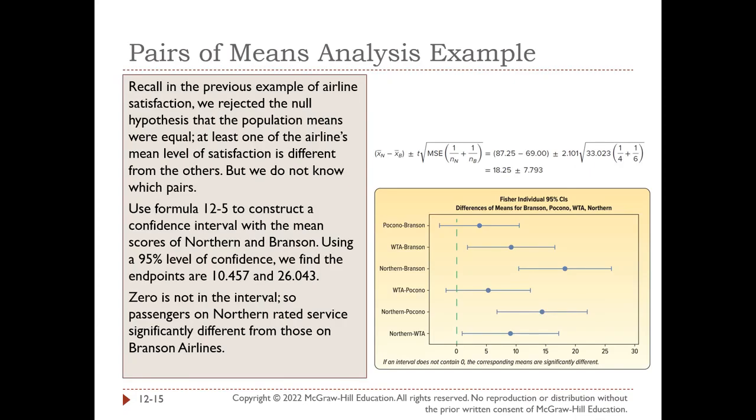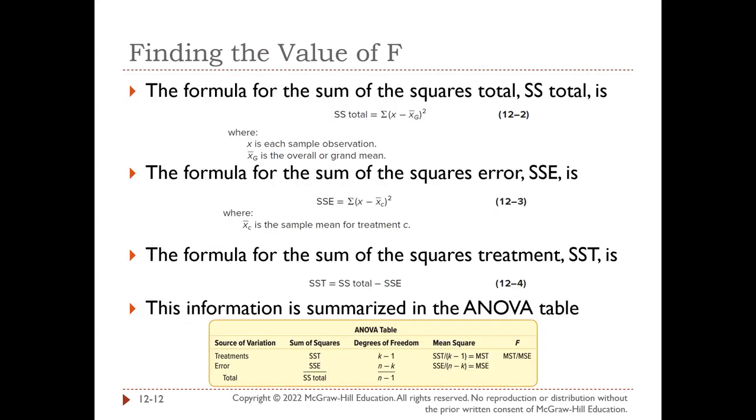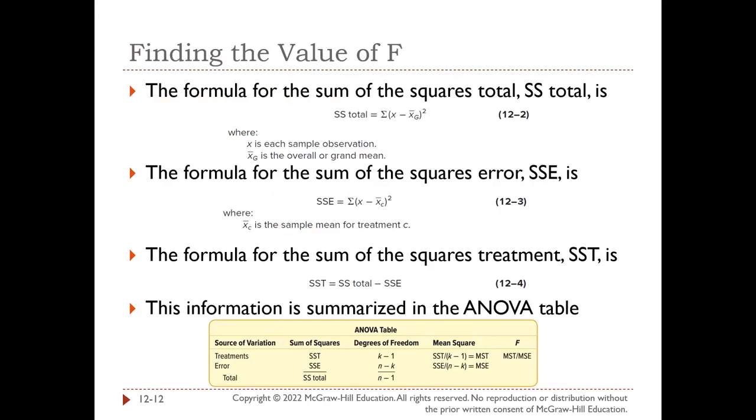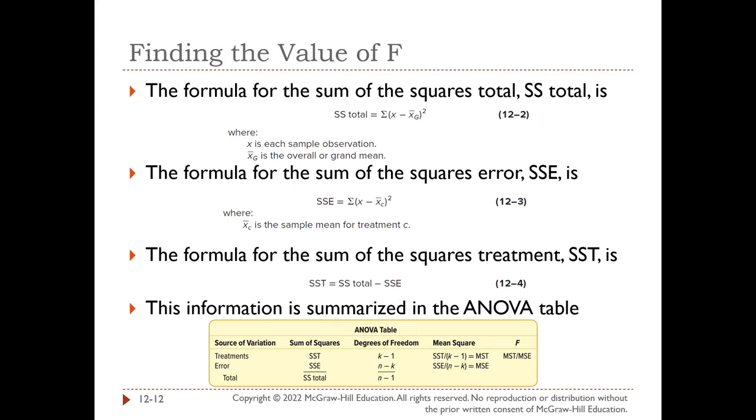We'll have to go to the formulas. Okay, so we're basically coming up with this chart right here. So we need to know the grand mean, which is the overall of all the numbers divided by, of course, 12.